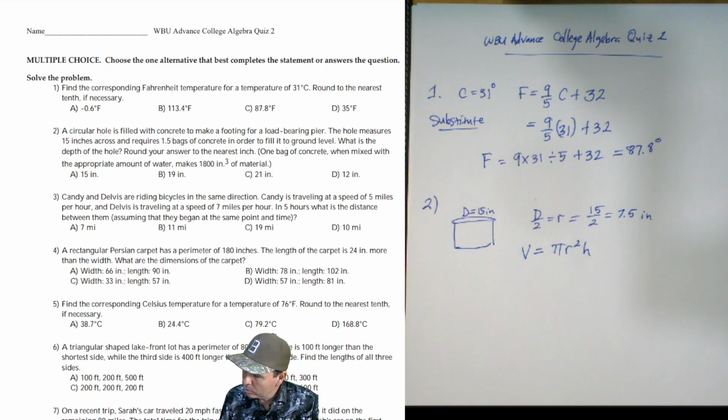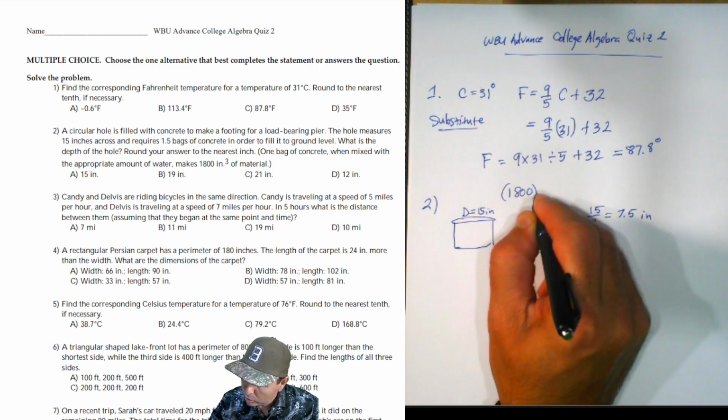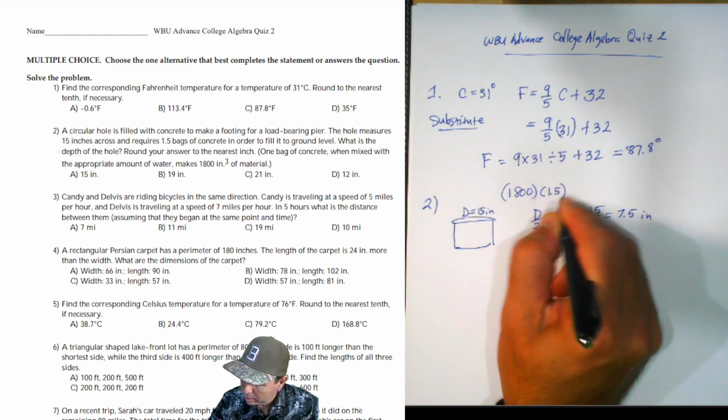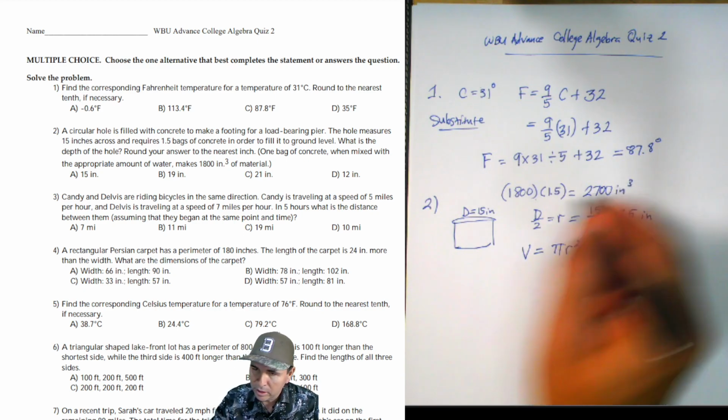It says you have 1.5 bags of concrete, and each bag makes 1,800 cubic inches. So what I want to do is take the 1.5 and multiply it by 1,800. So 1,800 times 1.5 is 2,700 inches cubed. That's going to be my volume.